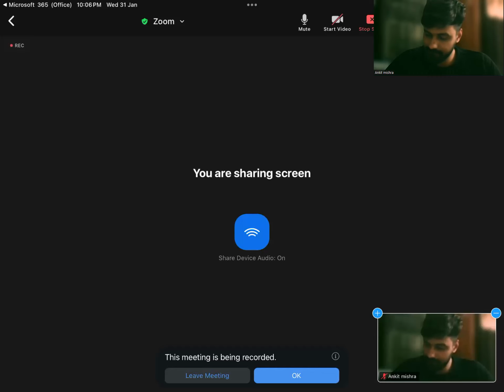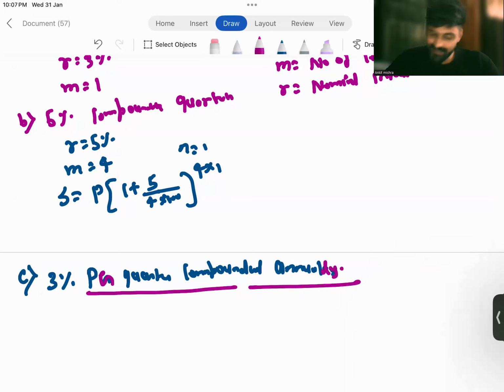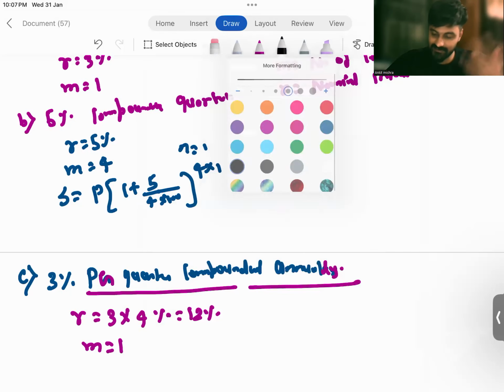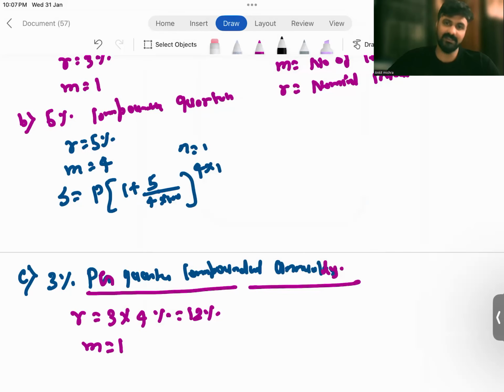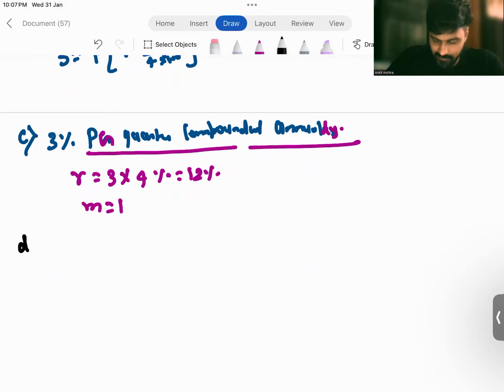So your R will be 3 into 4%, that is 12%, and obviously M will be 1. This is how you can calculate these things. You have to understand the statement, and based on what is given in the problem, you can calculate.